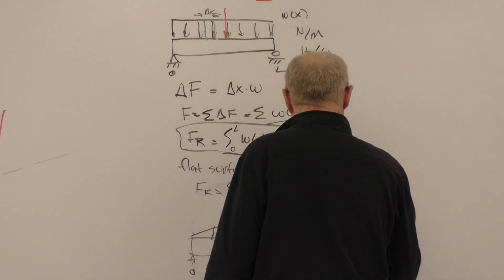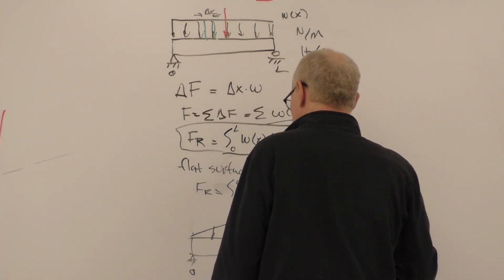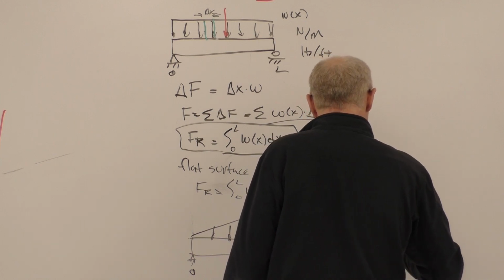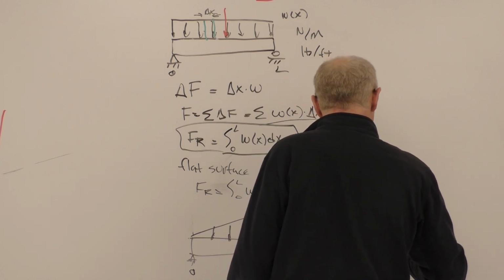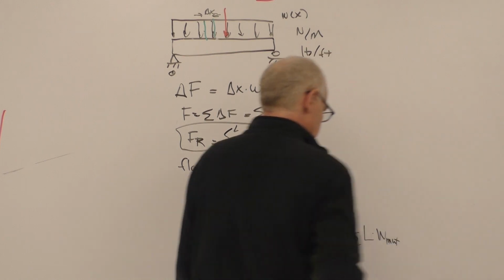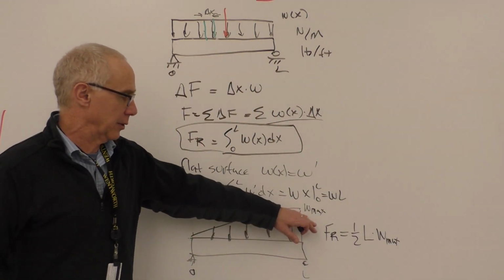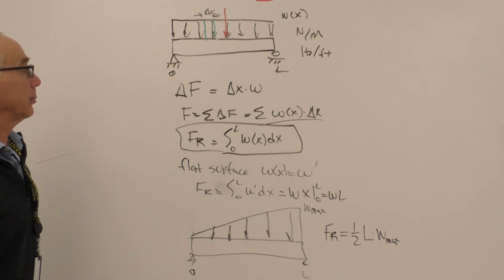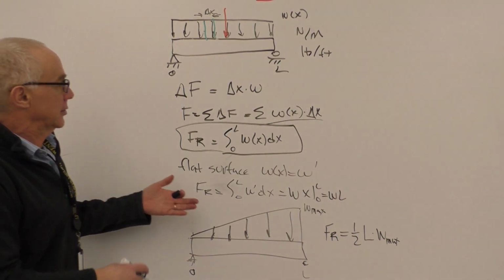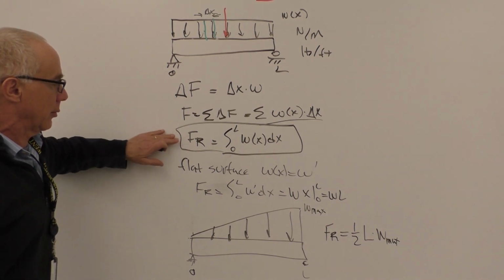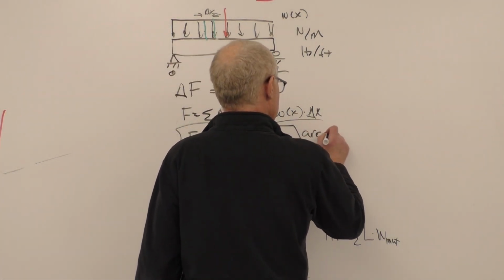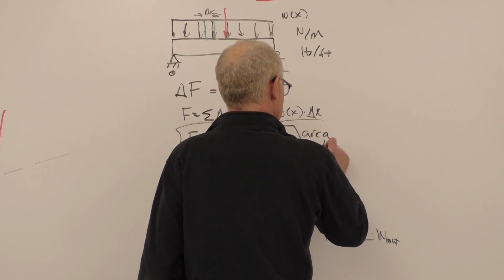So this resultant force equals 1/2 L times W max, where W max is the W value at the right-hand side where the triangle is at its peak. So this is the area under the curve.